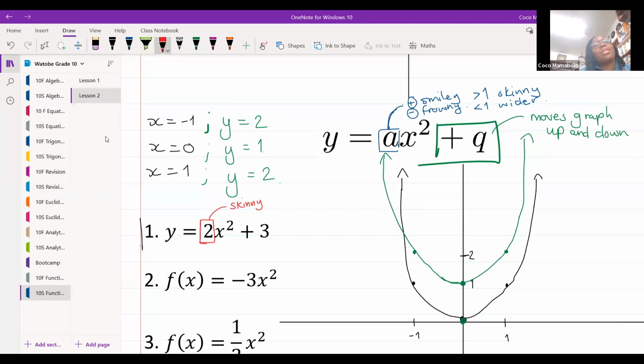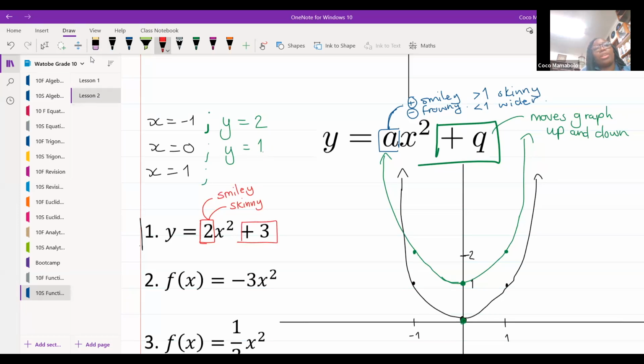Right, excellent. Is it a smiley face or a frowny face parabola? Is it smiling or is it frowning, guys? It's smiley because it's positive. Good. And then I didn't just do that.